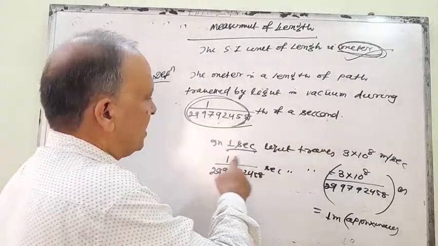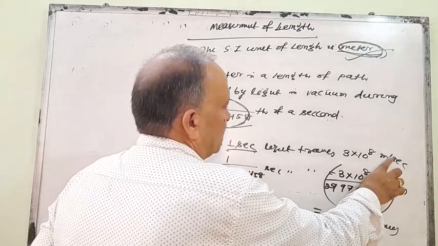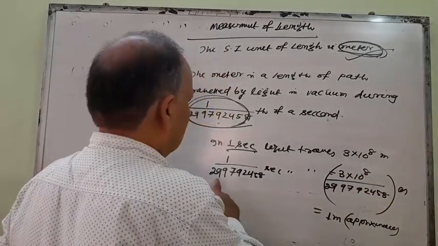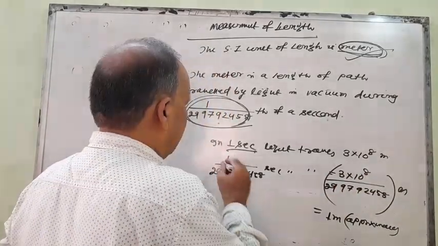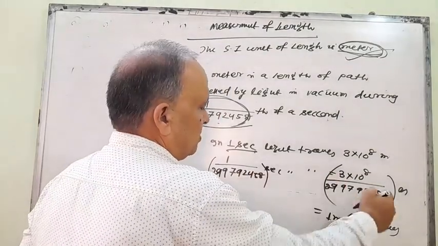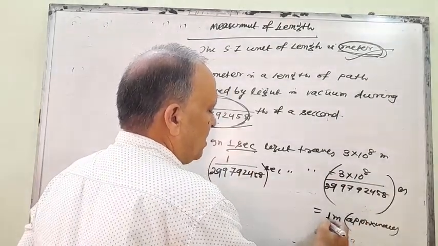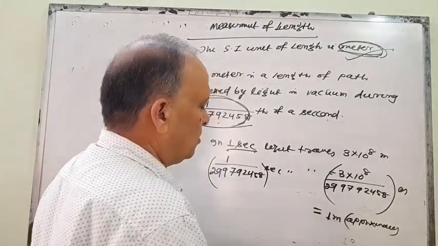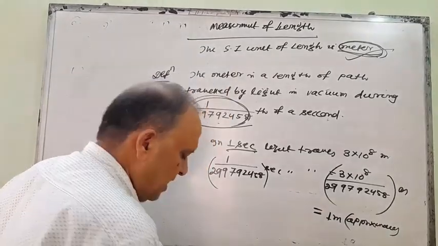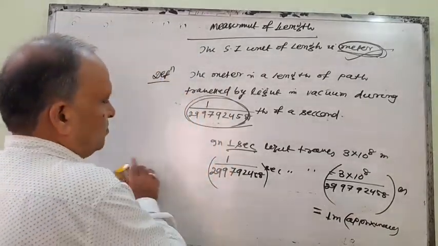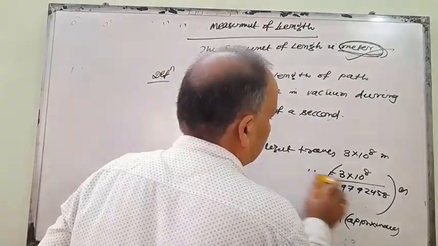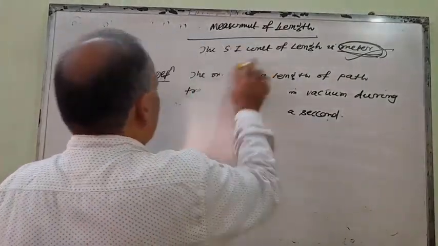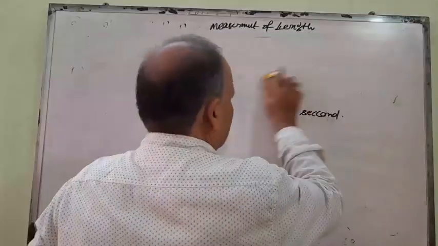That means in 1 second light travels this many meters. So in 1 by this second, light travels this by this, that is approximately equal to 1 meter. This length is equal to 1 meter. So, this is the definition of a meter.